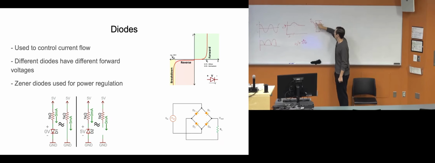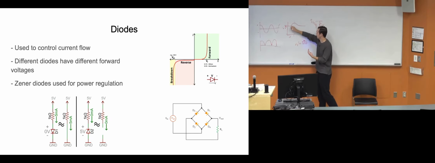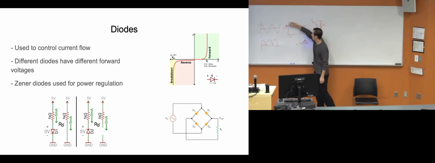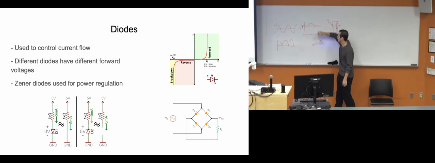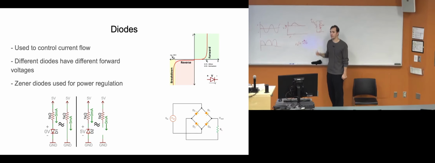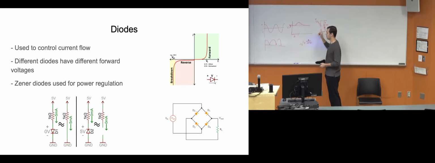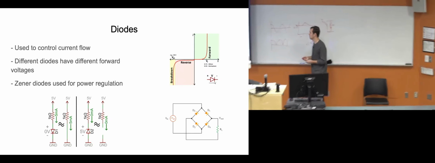Effectively, letting all that extra current or voltage that's peaking have a super short path back to ground, and it'll flatten it out, and you won't fry your board. This will be broken, but it's a lot better than your fried board, right? So this is super important in power regulation as well.